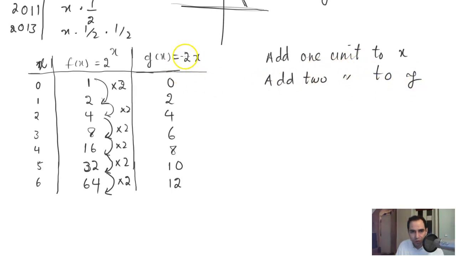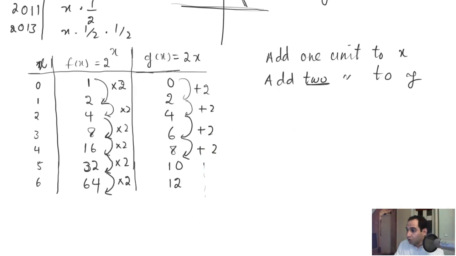So this 2 is coming from here. And so every time I increment my x by 1, you can see that this is 0, 0 plus 2. This is 0 plus 2. This is 2 plus 2. This is 4 plus 2. This is 6 plus 2, and so on and so forth. So this function behaves like this.